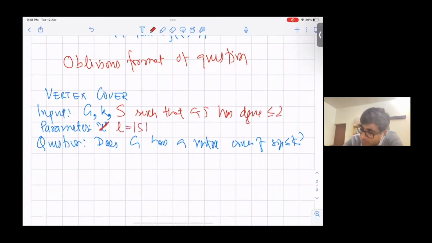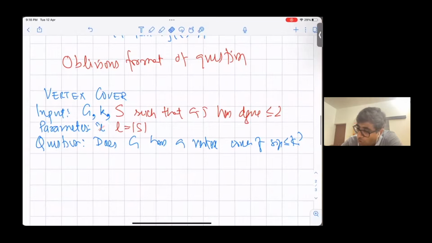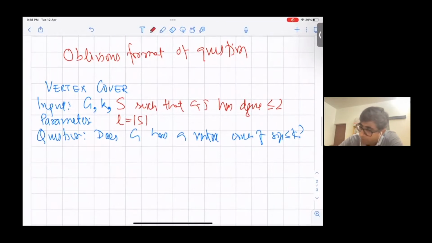The parameter is L, the size of S. So this is non-oblivious. What I mean by non-oblivious is that I have given you a modulator. So not only do I give you the graph G, here is also your modulator. Can you take the help of this to come up with a vertex cover of size at most K?